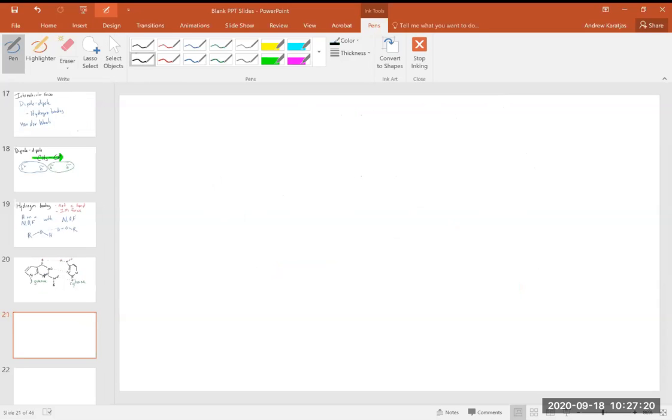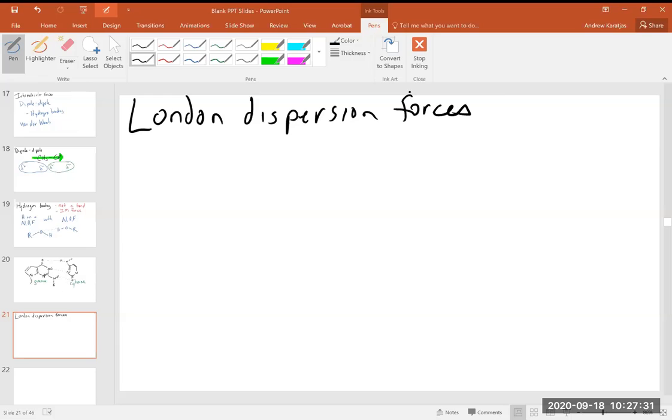Right. The other IM force that we want to review briefly are what we call London dispersion forces. These are also sometimes known as van der Waals forces. And these are, without any doubt, the weakest intermolecular force that we have.